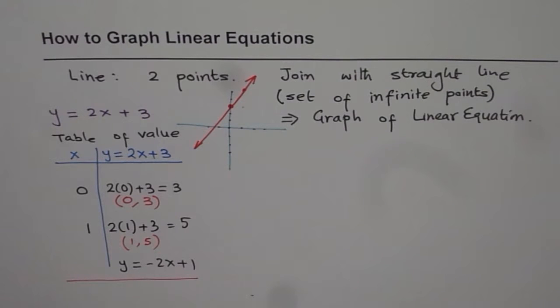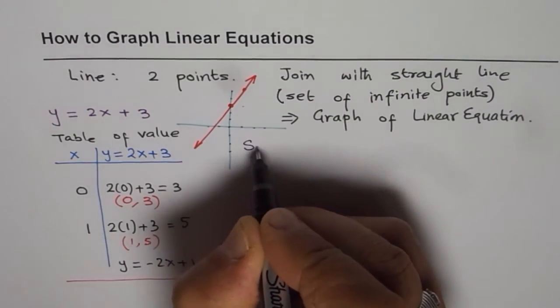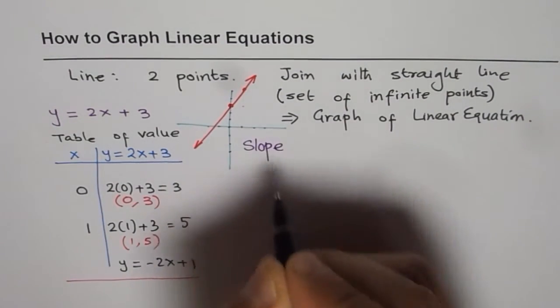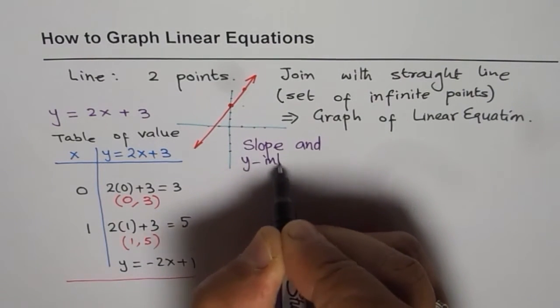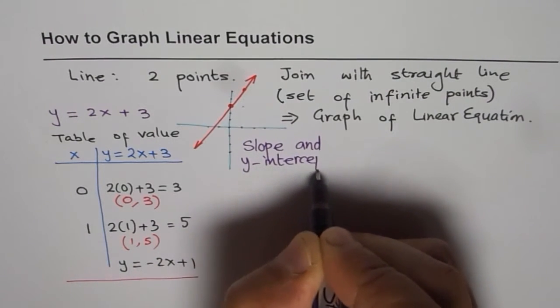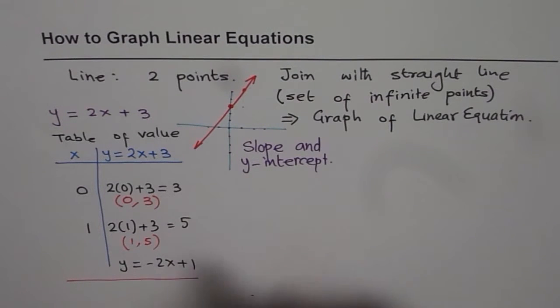The second method which we are going to discuss is called slope and intercept form, slope and y-intercept. Now, the equation of a line like the one given to us is actually in slope and intercept form. Let me take up another equation.